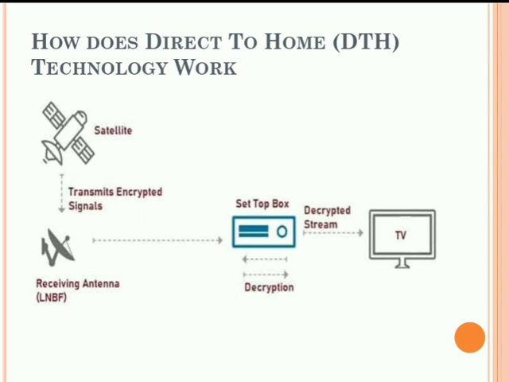In short, we can say that the satellites, which are located approximately 35,700 km above the earth's surface, transmit the signal to the broadcast stations on the earth's surface. The broadcast center receives the signal and transmits it to the satellite transponders, which help in establishing the communication channel between the transmitting and receiving unit.